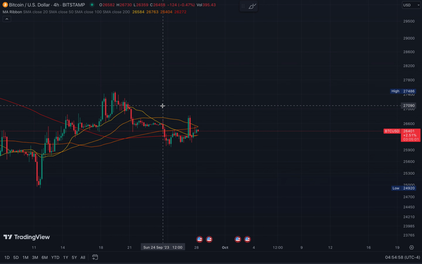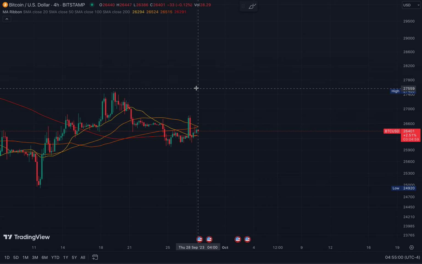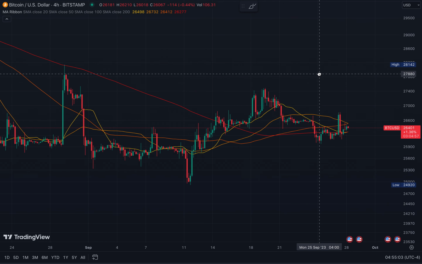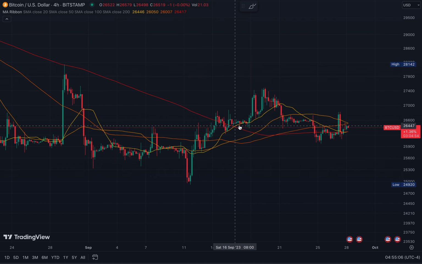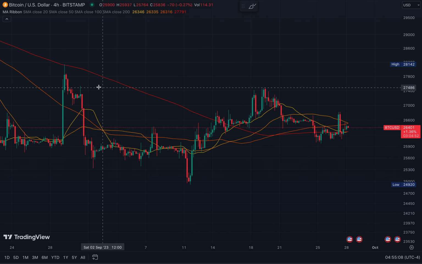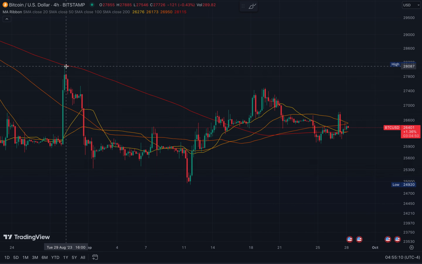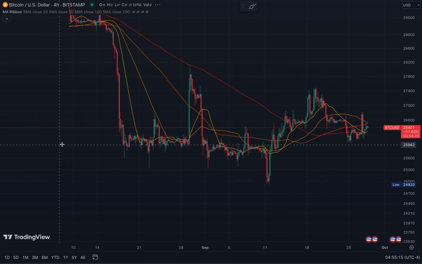When price is above the bands, it moves in a bullish direction, as it did here. And when it's below the bands, it looks like it got rejected off of the red one, and down it went. So that's something to pay attention to.